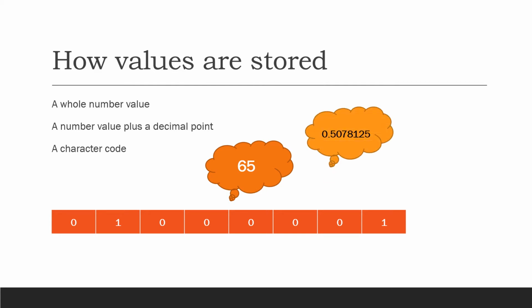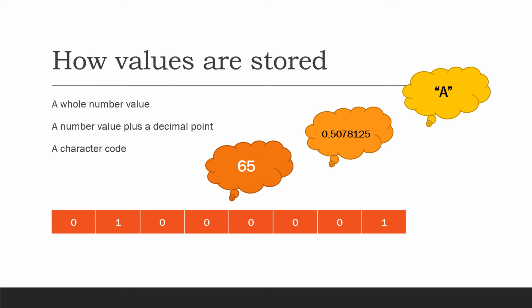But the default value of this pattern of bits would be just over 0.5. And it could also be used to store a character code using ASCII or Unicode, and in that case this pattern of bits would represent capital letter A.